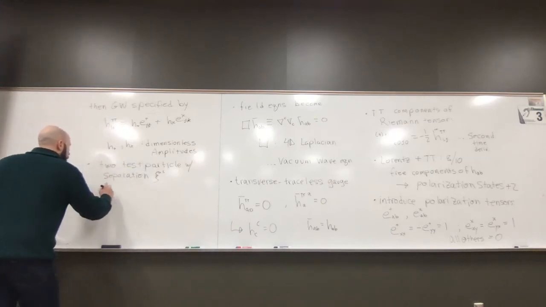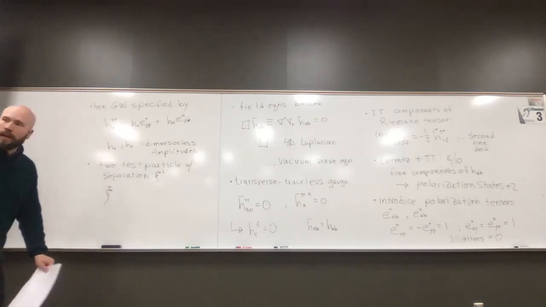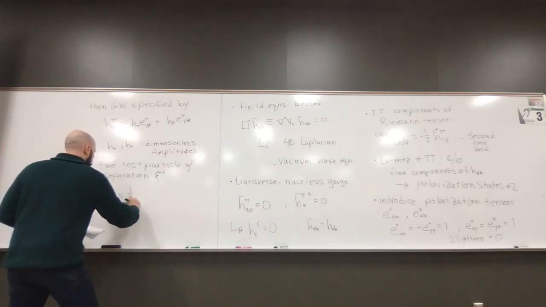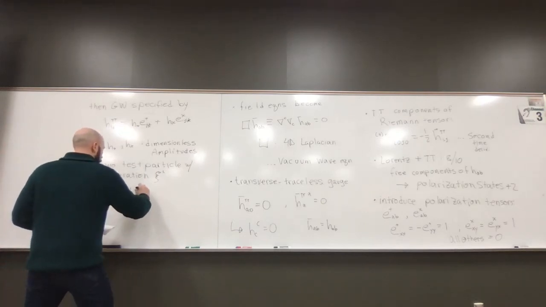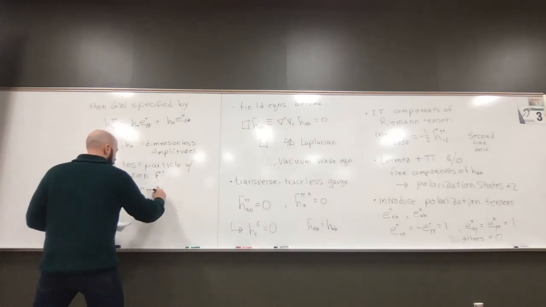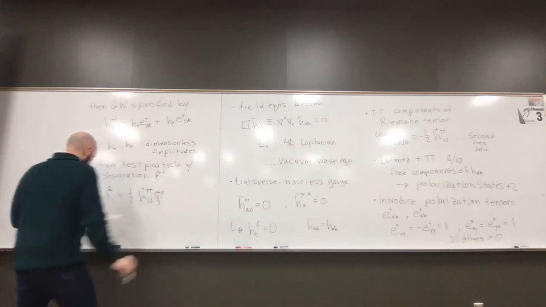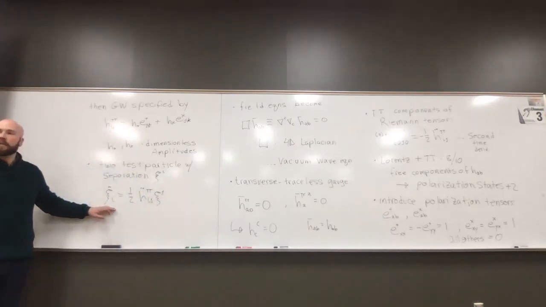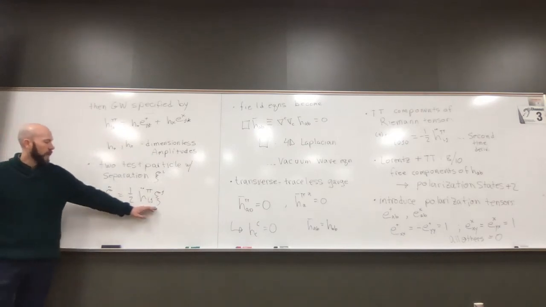The effect of the passing gravitational wave is to excite an x_c double dot, an acceleration. And that is expressed as 1/2 times the double dot of the transverse traceless spatial components of the metric perturbation times x_c^j. So this acceleration of the separation between these two test particles is characterized by the second time derivative of the metric perturbation.